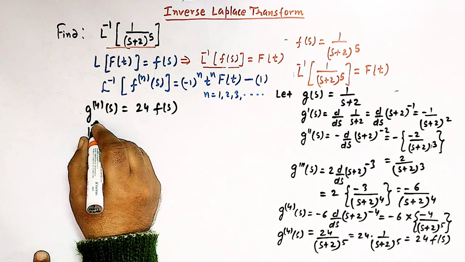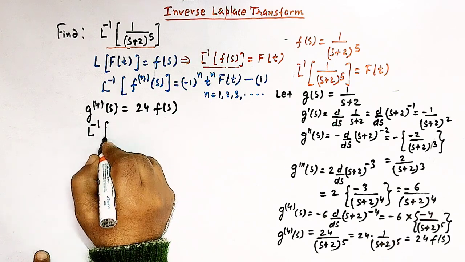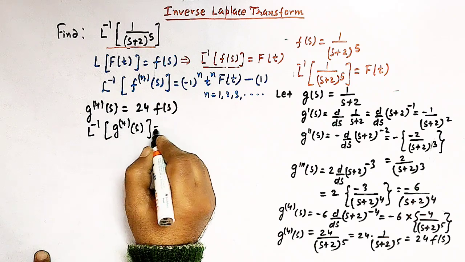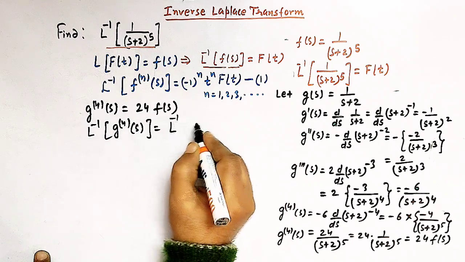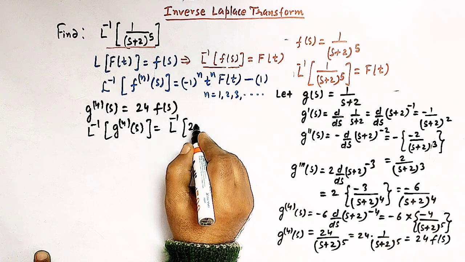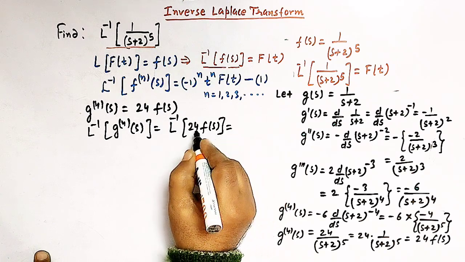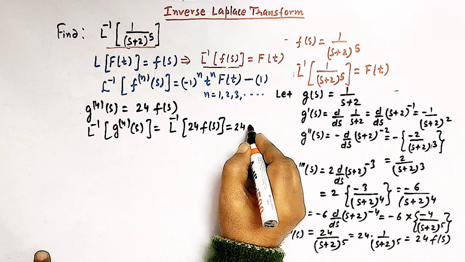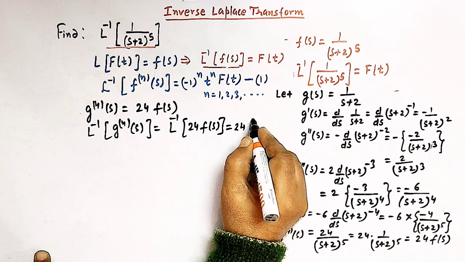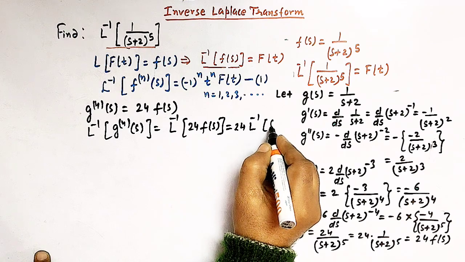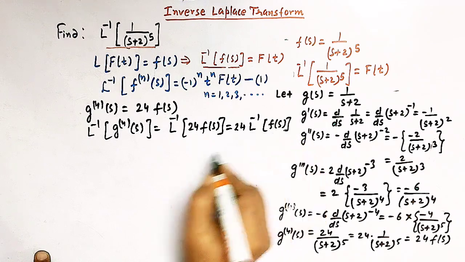So we can now write here the inverse Laplace transform of the fourth derivative of g of s, and here we have the inverse Laplace transform of 24 times f of s. So we can take 24 outside, so we have here 24 times the inverse Laplace transform of f of s, right?